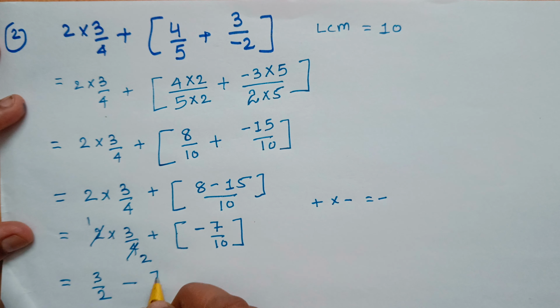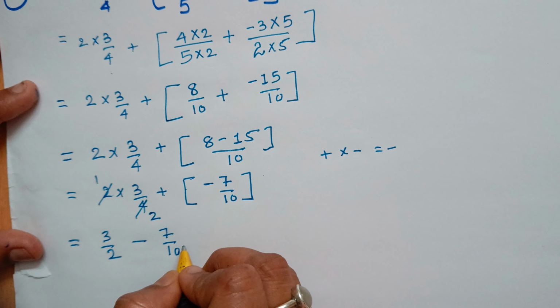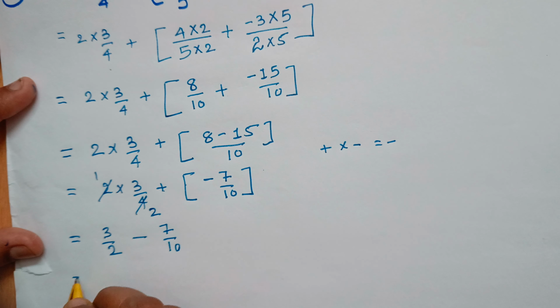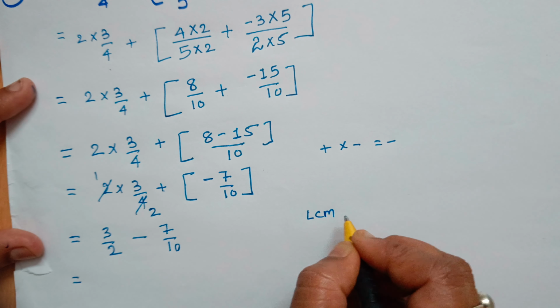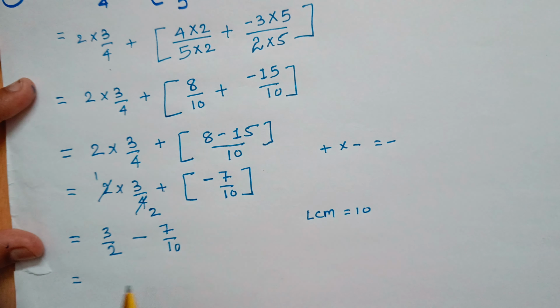Therefore minus 7 by 10 is equal to, now LCM of 2 and 10 is 10. Therefore, 3 divided by, in the denominator for getting LCM 10, we multiply 2 by 5.